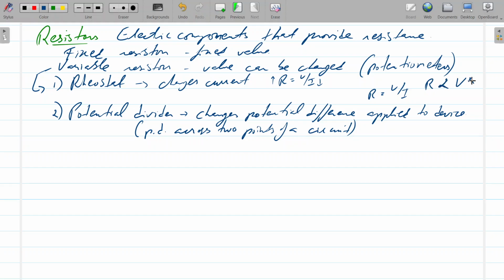So if you increase the voltage, you increase resistance. If you decrease voltage, you decrease the resistance as well. Okay.